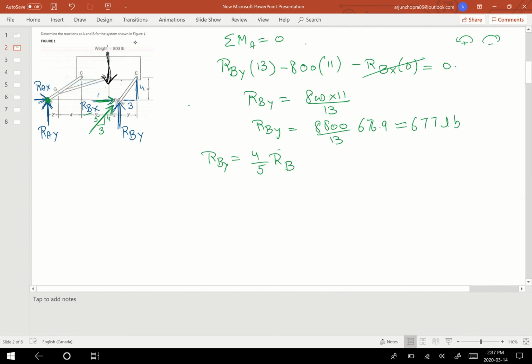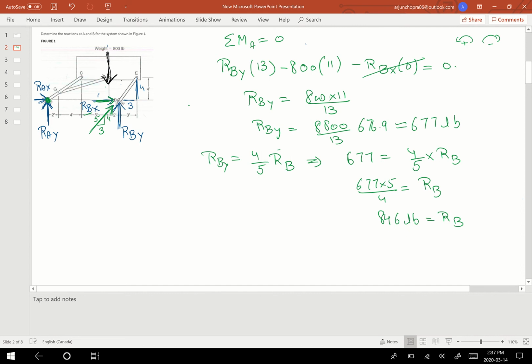So I can write RBY, which is 677, equal to 4 over 5 times RB, and I'll cross multiply: 677 times 5 divided by 4, which is going to give me RB. 677 times 5 divided by 4 comes out to be 846 pounds. RB is 846 pounds. That's what we figured out.